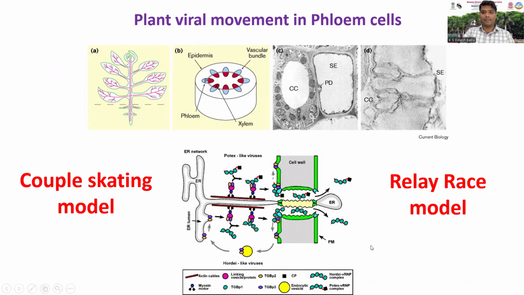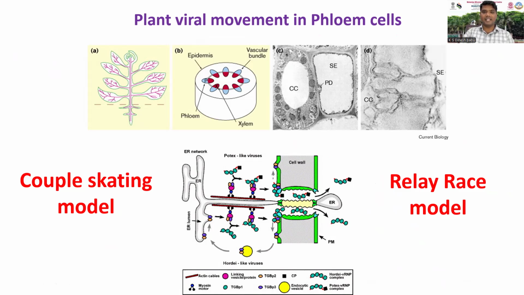In the other model, what happens in the case of the relay race model? The coat protein transports the viral DNA from the nucleus to the cytoplasm. Here, in the cytoplasm, the coat protein-DNA complex dissolves. The DNA is caught by the movement protein.